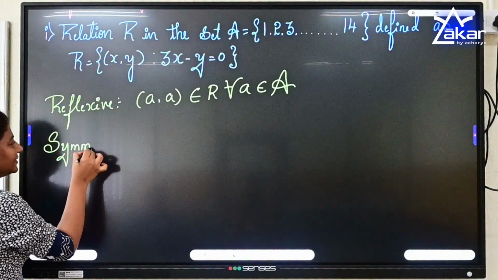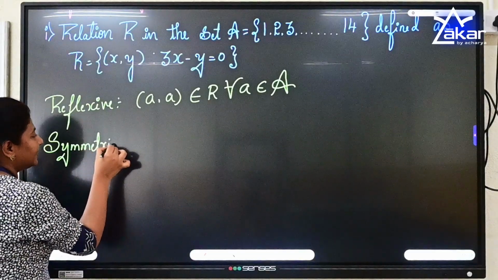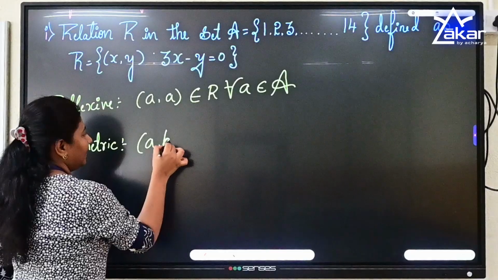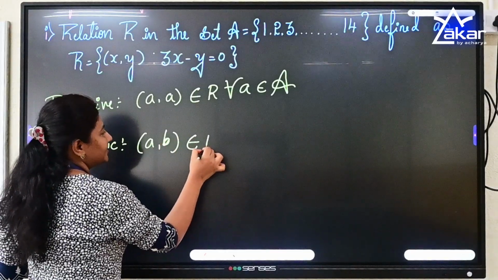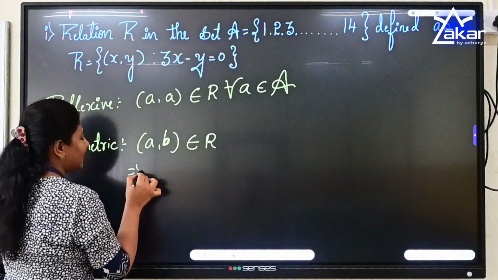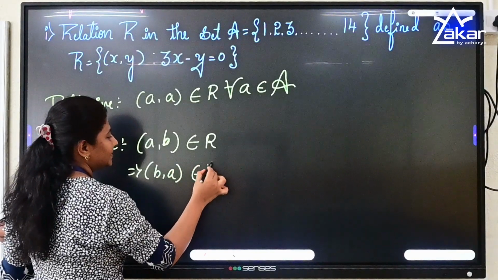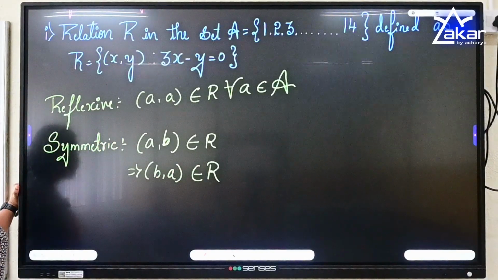The symmetric condition says for all (a, b) belongs to R, this implies (b, a) also belongs to R.